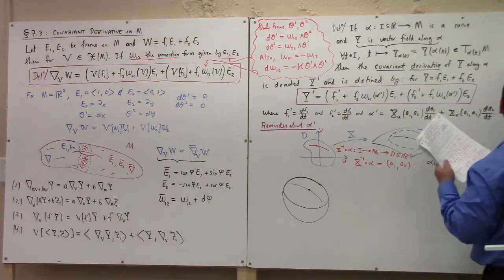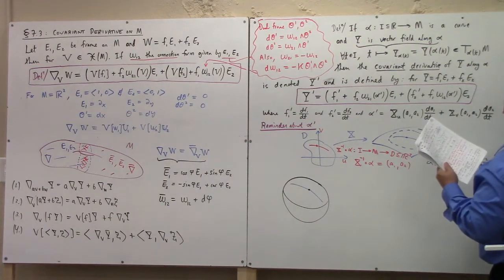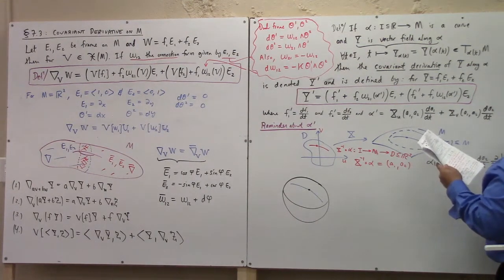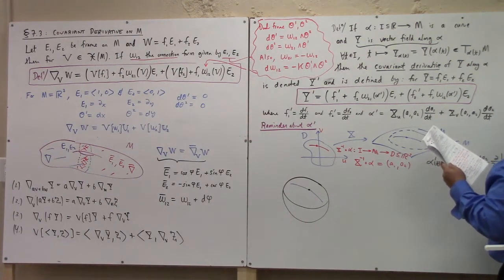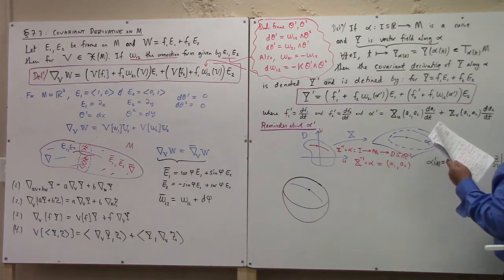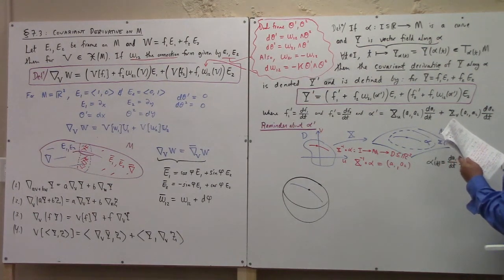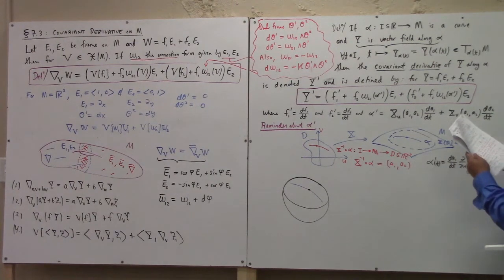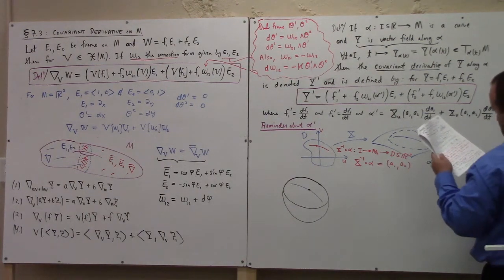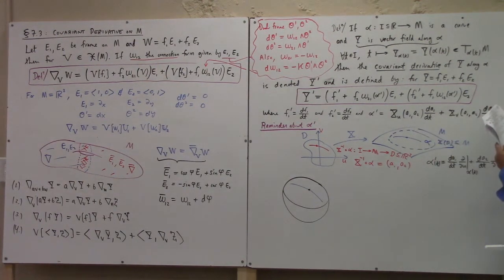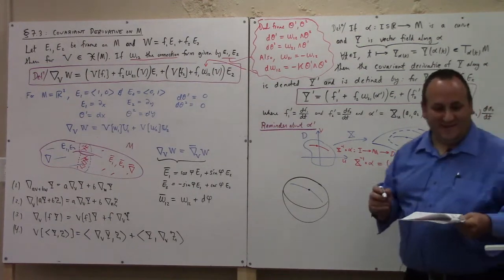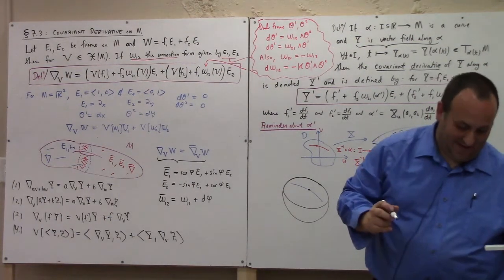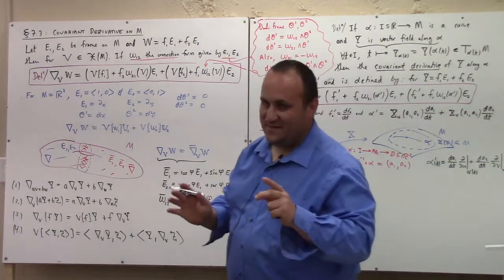Alpha prime prime. Oh yeah. So here it is. Acceleration of alpha on M is alpha prime prime. But you got to watch out for this here.